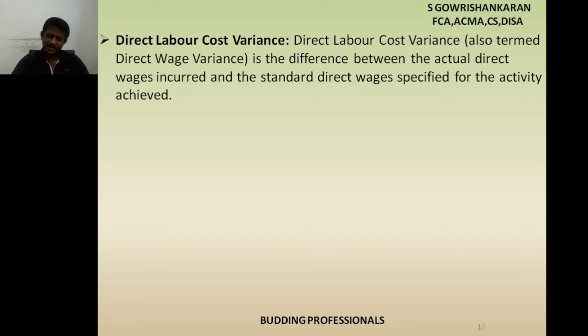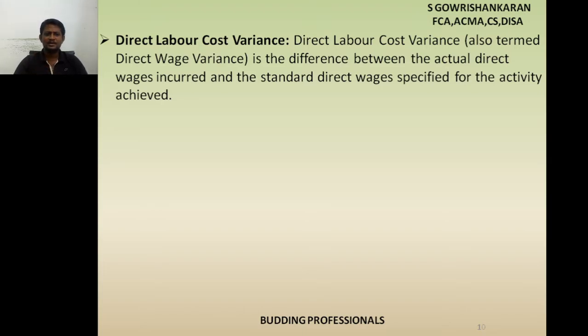There is a separate analysis for labor variances also. Whatever you did for material costing, the same logic and same formula will come. There we used material, here we are employing labor. That is the difference. The formula and the structure and everything is the same.